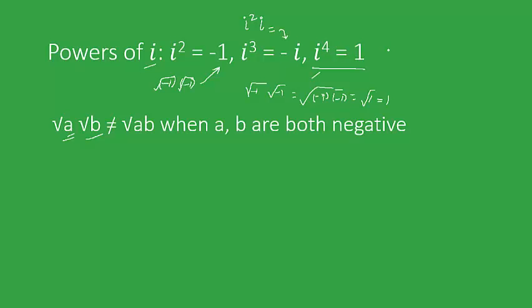Therefore, as you note, if you raise iota to any power of 4, that is iota to the power 4n, you'll get 1. That is to say that iota to the power 8 is also equal to 1, iota to the power 12 is also equal to 1, and so on. This helps us to calculate the high powers of iota.